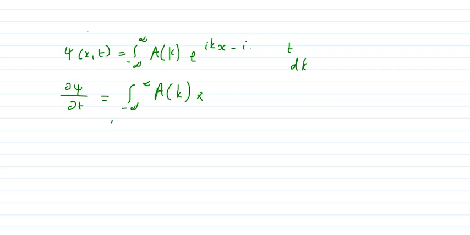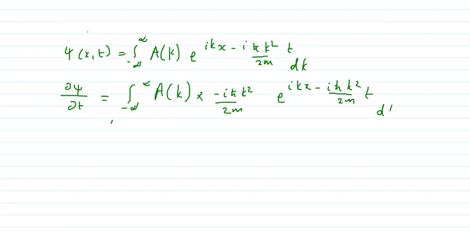So it is h cut k square by 2m. Now the coefficient is minus i h cut k square by 2m into the exponential, whose differential is itself, e raised to i kx minus i h cut k square by 2m into t dk.